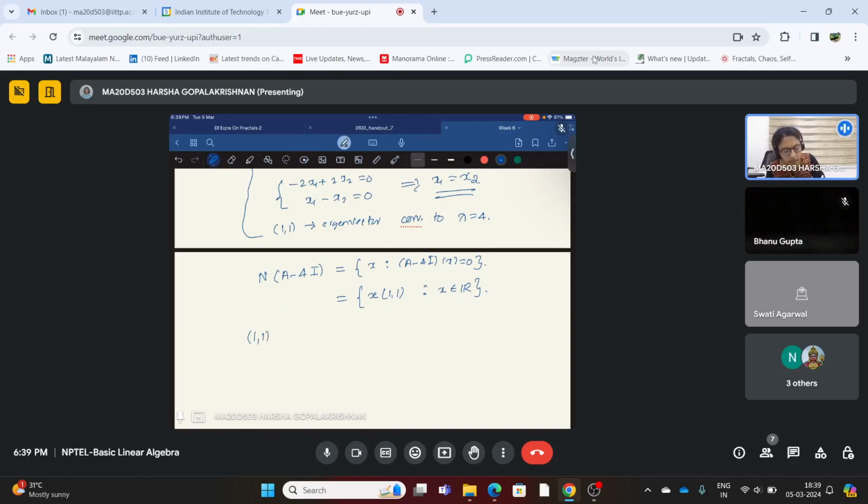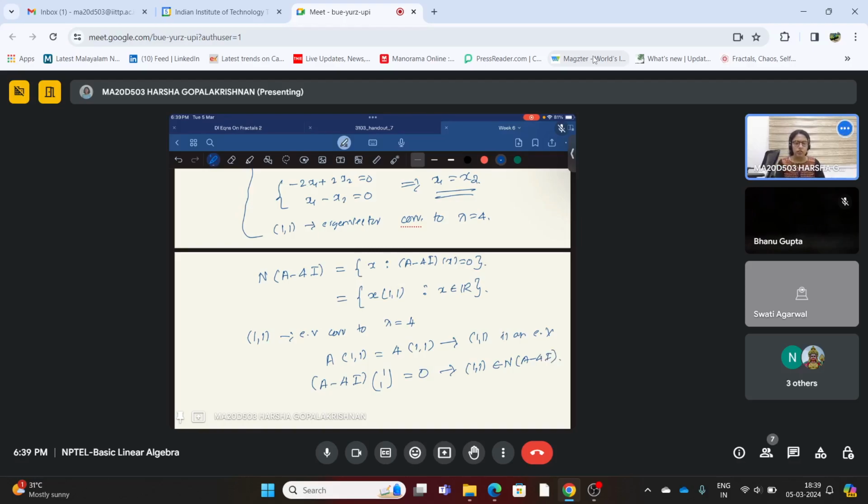By definition, A times (1, 1) equal to lambda times (1, 1), where lambda is 4. If we take 4 times (1, 1) to the left side, we get (A minus 4I) of (1, 1) equal to 0. That means this says (1, 1) is an eigenvector and this says (1, 1) belongs to the null space of A minus 4I.